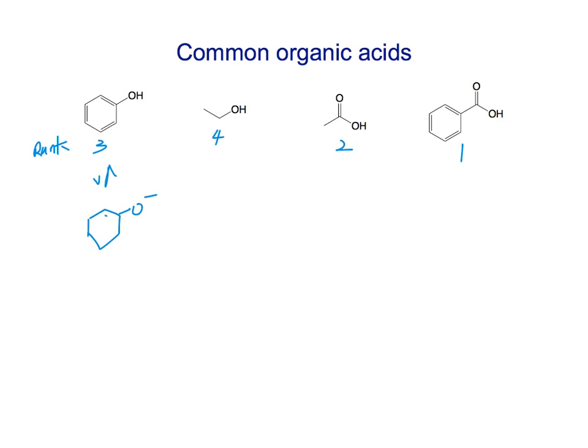Okay, so we have, this is called the phenoxide. And I'm not going to draw the protons in, I'm just going to draw the conjugate bases here. We have ethoxide. We have acetate. And this would be called a benzoate.